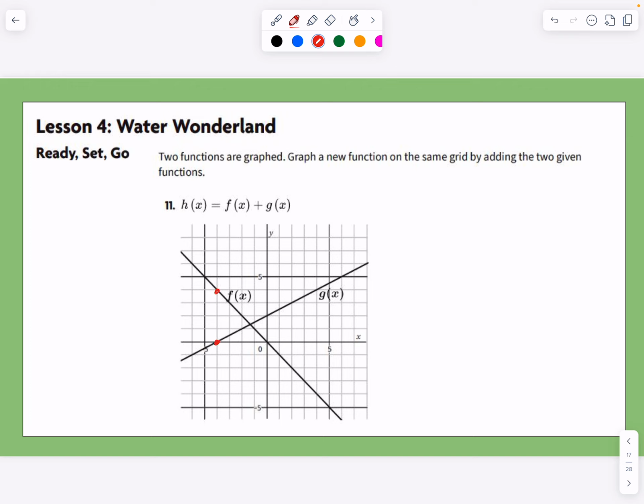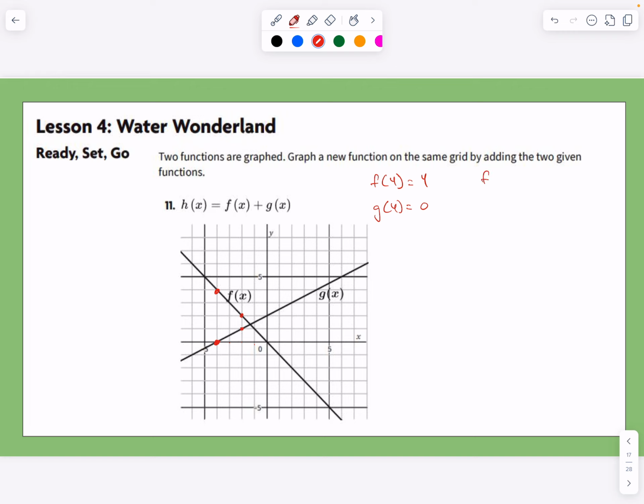All right, so for this first one, again, you have a point here and you have a point there. So this is going to be at 1, 2, 3, 4. So at f of 4, it equals 4. And at, was this g? Yeah. And g at 4, it equals 0. So we have a point we can use. Any more points along the way? Here's a point here and a point here.